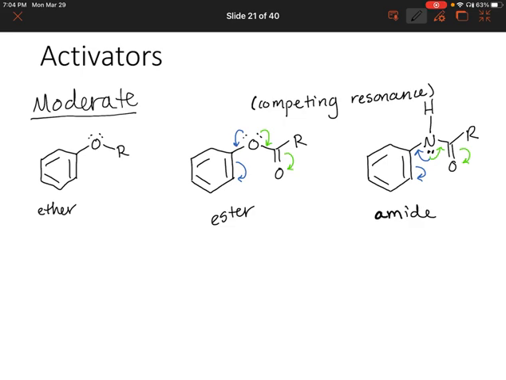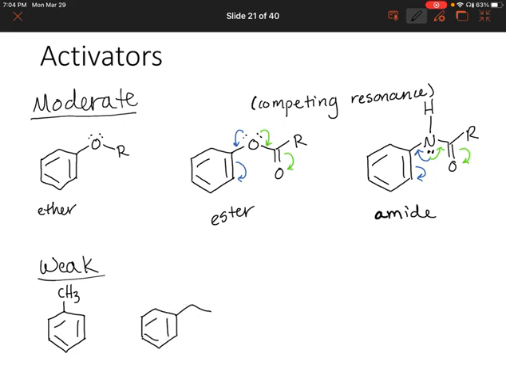And then finally, we have our weak activators. And this would pretty much be anything with an alkyl group attached. So toluene is actually a weak activator. You could have an ethyl group, or maybe a tert-butyl group, just any sort of alkyl group, really.